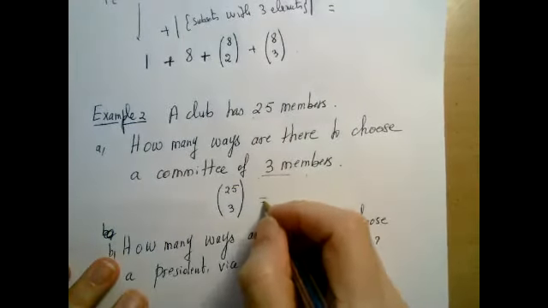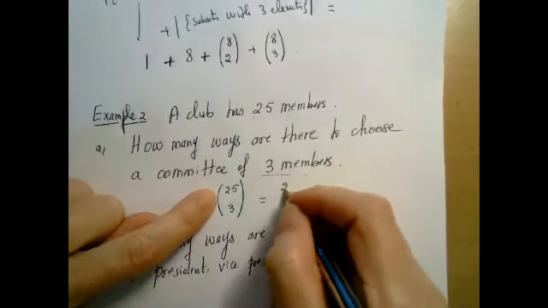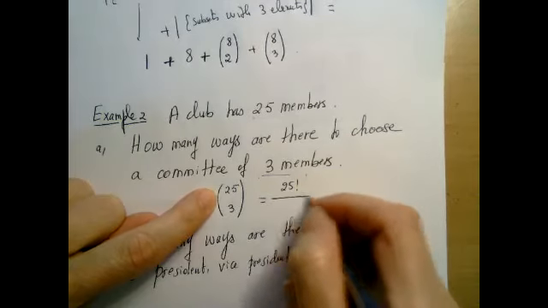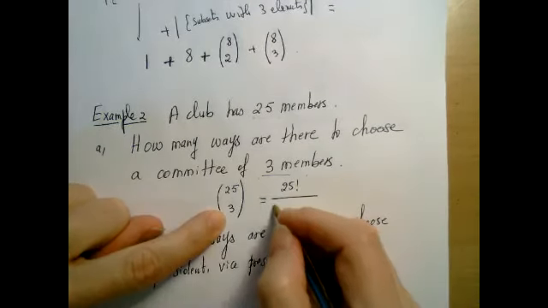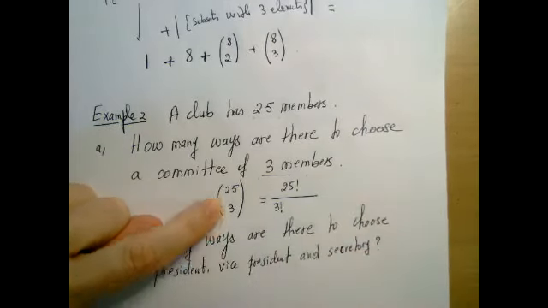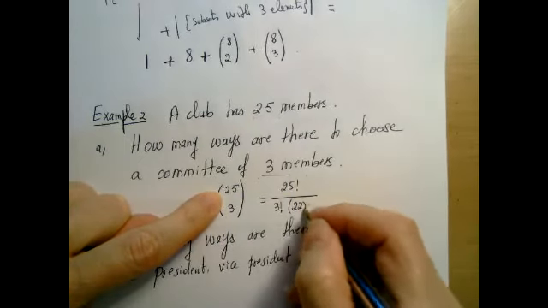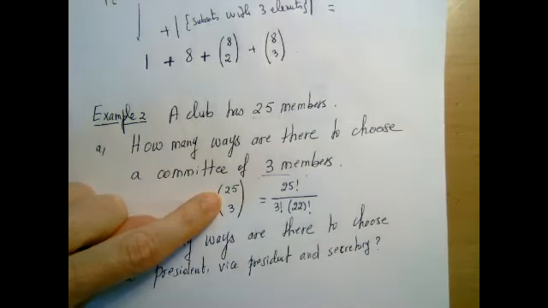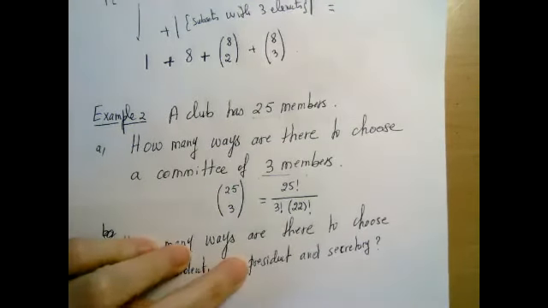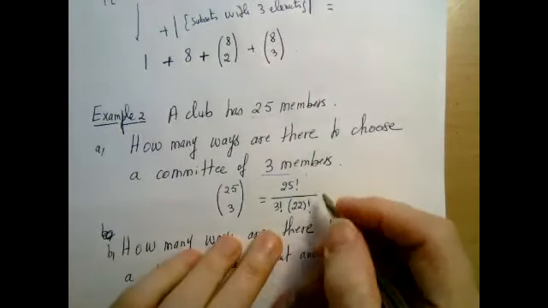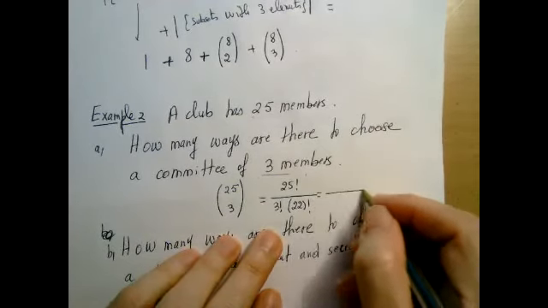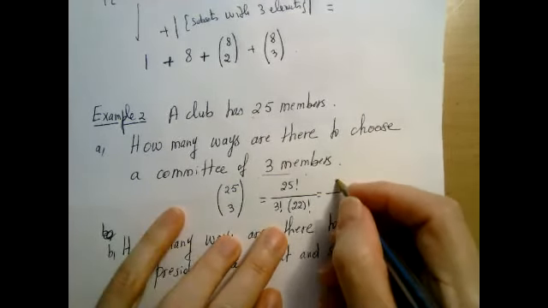So this will be equal to 25 factorial divided by 3 factorial times 25 minus 3, 22 factorial. If you want to simplify a little bit, I may not compute it, but at least we're going to simplify it without a calculator, as I said.